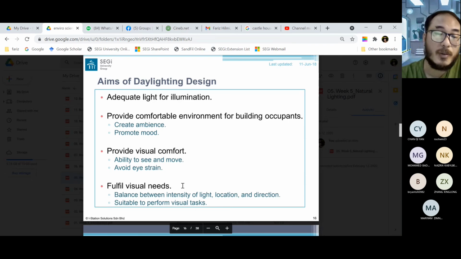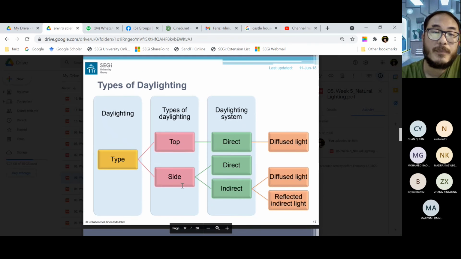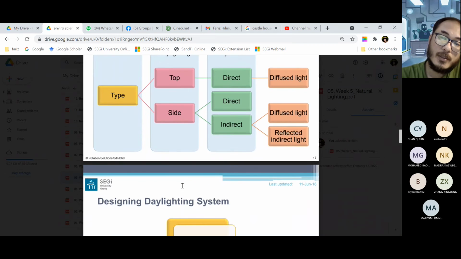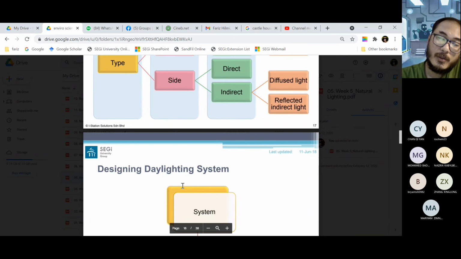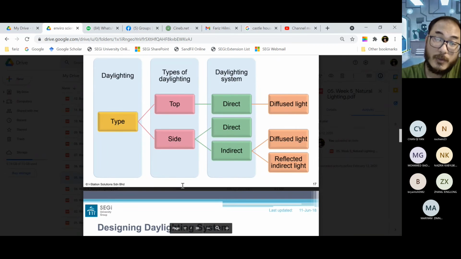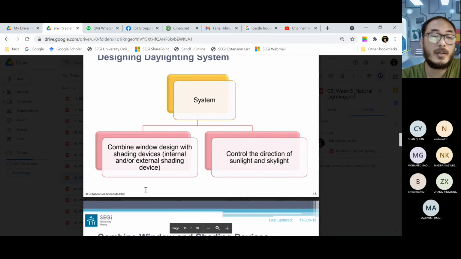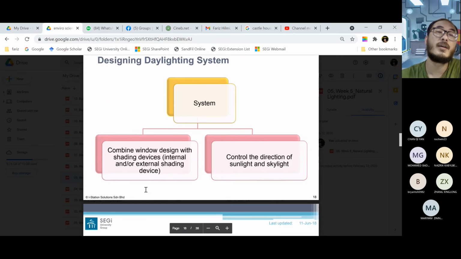Those are examples of performing visual tasks. Type of daylighting: top, side, and then direct or indirect. Whether artificial lighting is needed depends, because most of the time artificial lighting will be used at night, when there is an absence of the sun and daylighting.